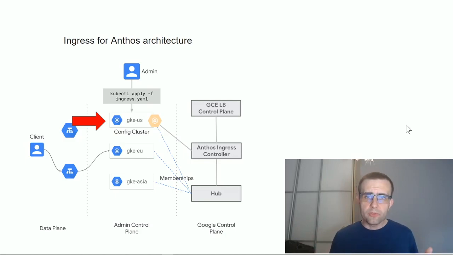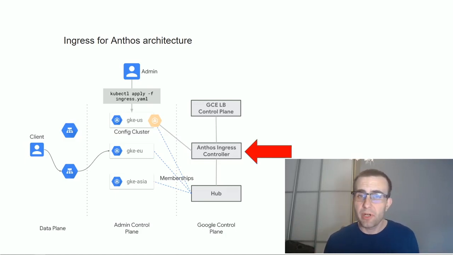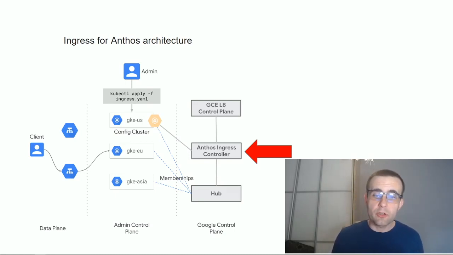All multi-cluster resources are deployed and are accessible through the single API localized on this cluster to retain consistency across all of the clusters. Another part of this architecture is the Anthos Ingress Controller. And this is a globally distributed control plane that runs outside of your cluster as a service. This allows the lifecycle and operation of our Anthos Ingress controller to be independent from our clusters.